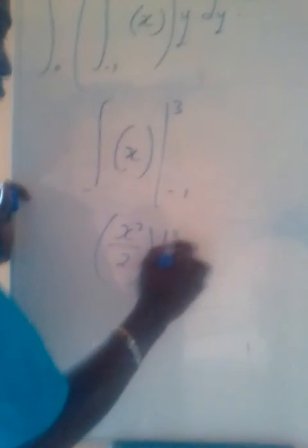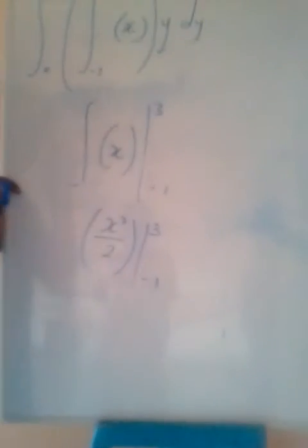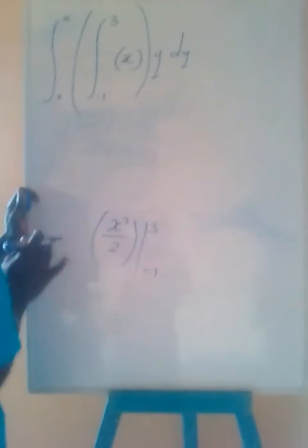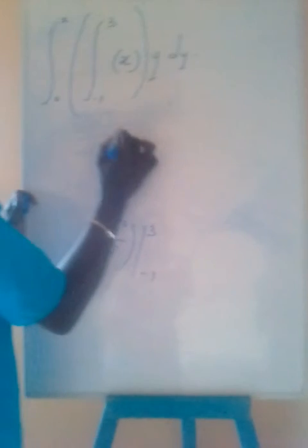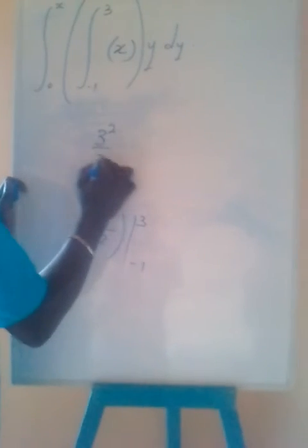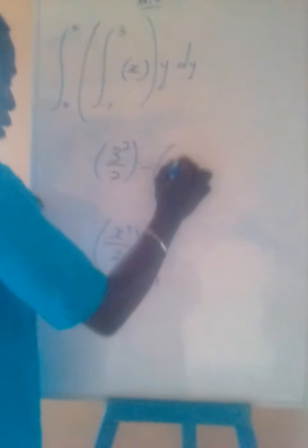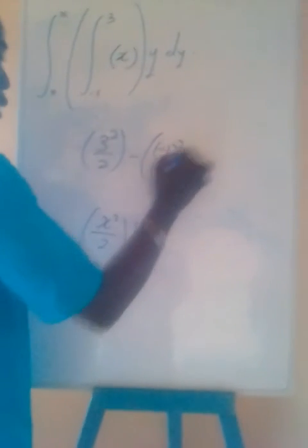So I have my 3, -1. Now when I continue, I'll have 3 to the power 2 all over 2, minus (-1) squared divided by 2.